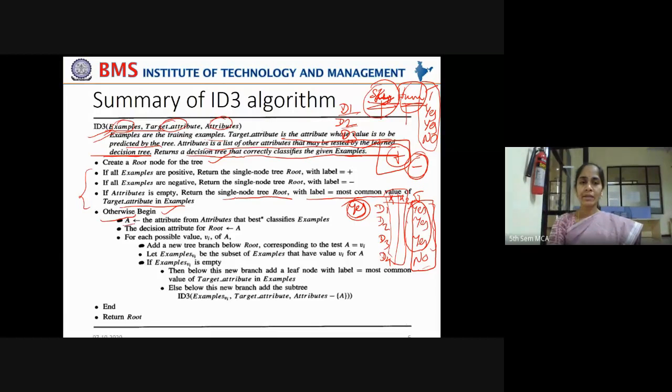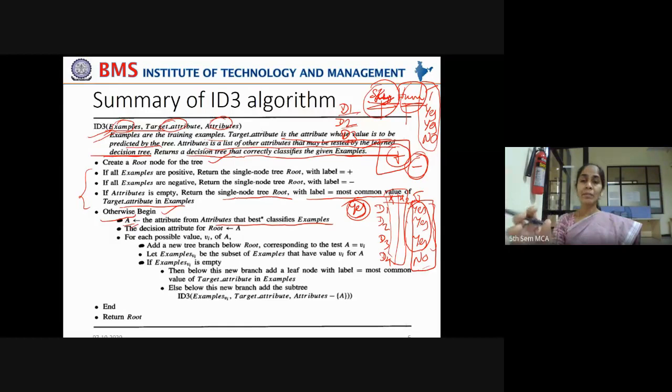Load into A the attribute from attributes that best classifies the examples. How does it best classify the examples? The measure called entropy we are going to see further in the session.